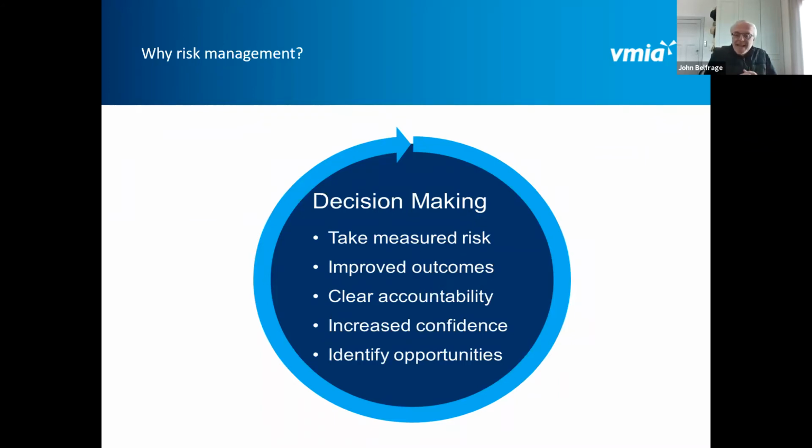It certainly makes accountability for risk-based decisions much clearer. It gives boards and executives increased confidence. And as we've said, it does identify opportunities. So another rhetorical question from me to the participants: does your agency actually have a culture of applying the risk process? And we're going to talk about what constitutes the risk process shortly, to address complex problems and/or uncertainty. How does your agency make decisions in a VUCA world? Next slide, please.